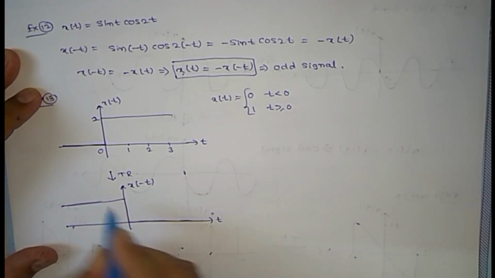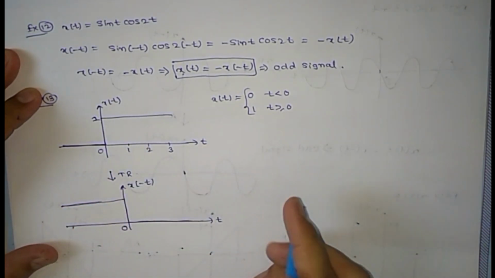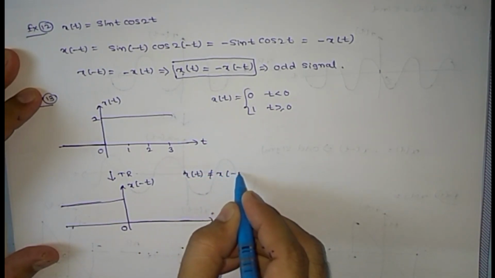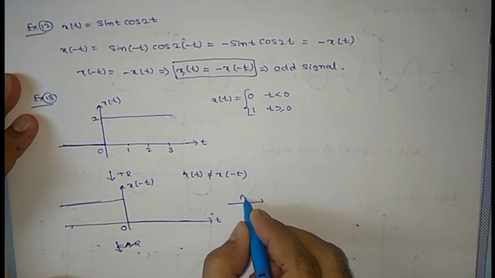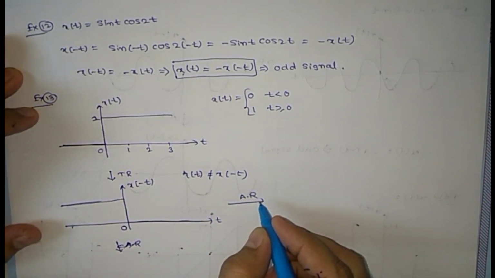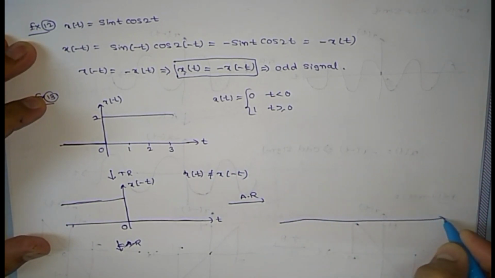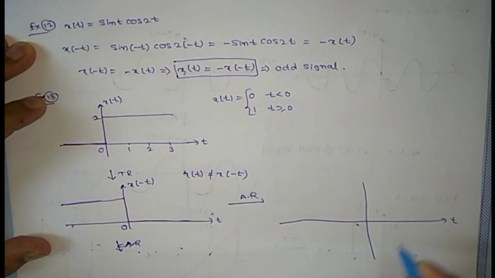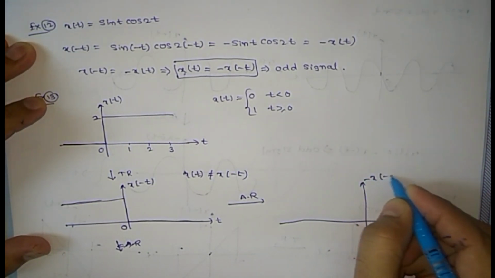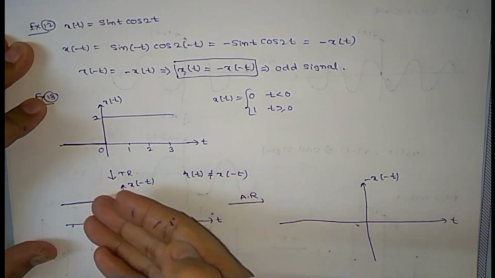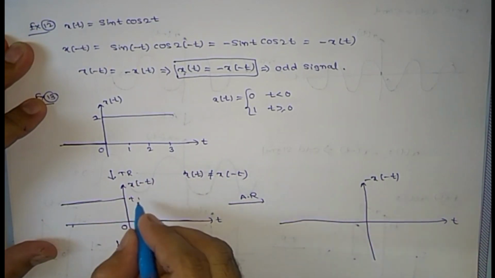Okay. So are these both signals the same? No. x of t is not equal to x of minus t. So let us make the amplitude reversal. The minus x of minus t. This entire signal I am multiplying with minus 1. So whatever the positive 1 is here, it will come to minus 1.